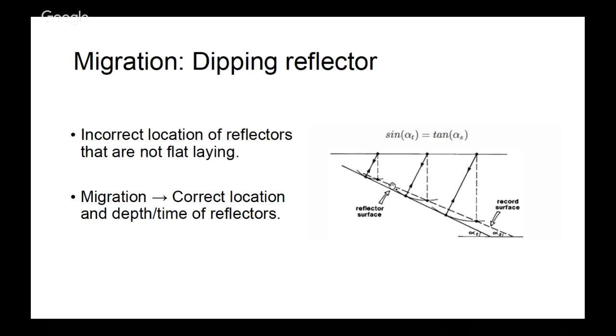So the actual dip of that layer that shows up in our seismic section is going to be underestimated. So there's a simple relation here that we can use to go from that apparent dip back to a true dip. So in the case of just a horizontal but dipping bed, it's a pretty easy correction to do to shift those reflections into their true location.